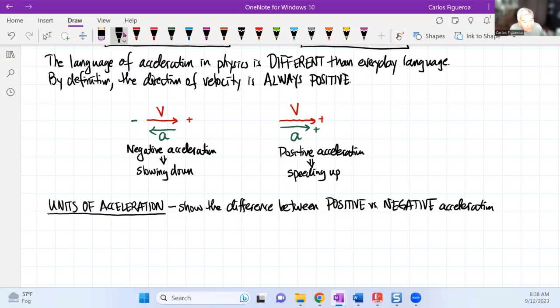Suppose or assume a car has a constant, another way that we say constant is uniform, acceleration.